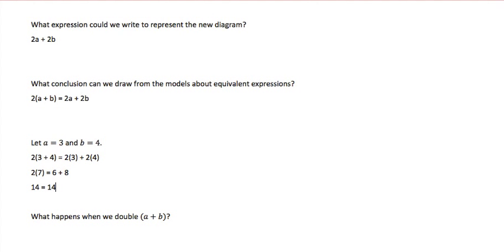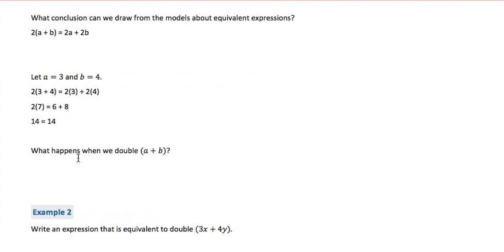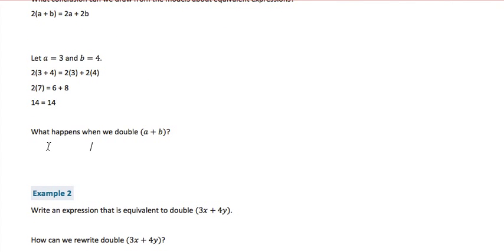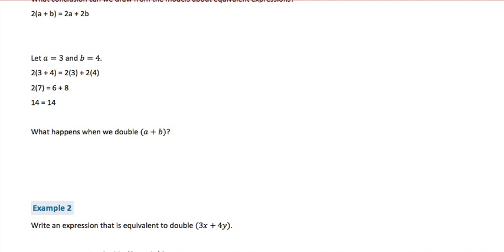Very true. Now if we double a plus b, if a is 3 and b is 4, that is equal to 7, and if we double 7, we get 14.